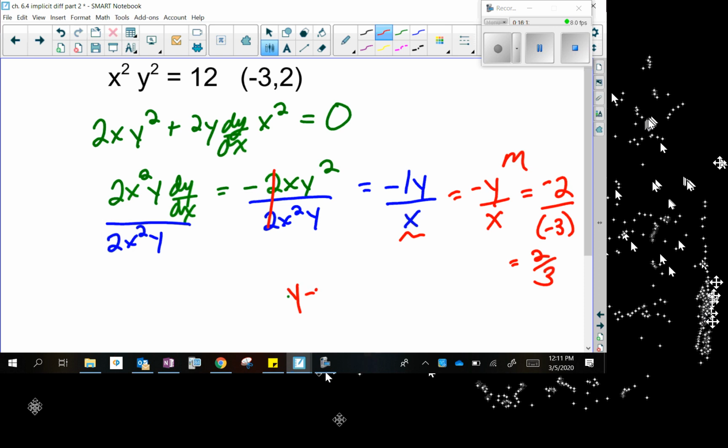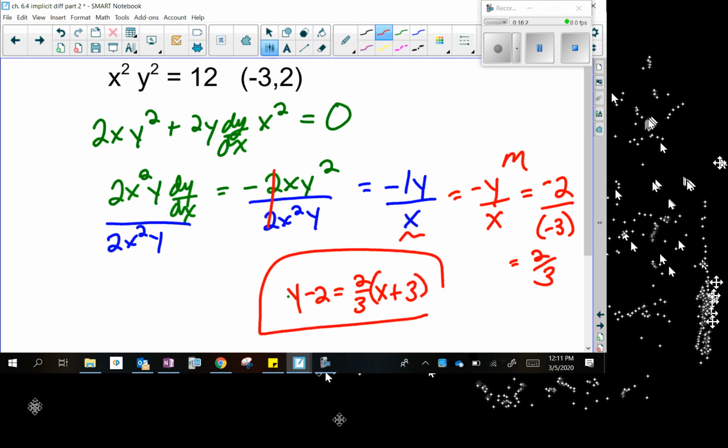Y minus 2 equals, beautiful. Even when they get ugly, they're easier.